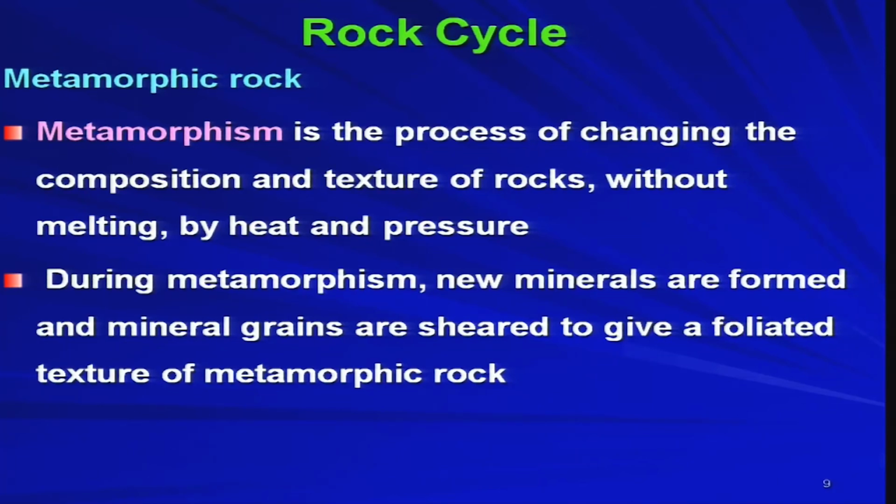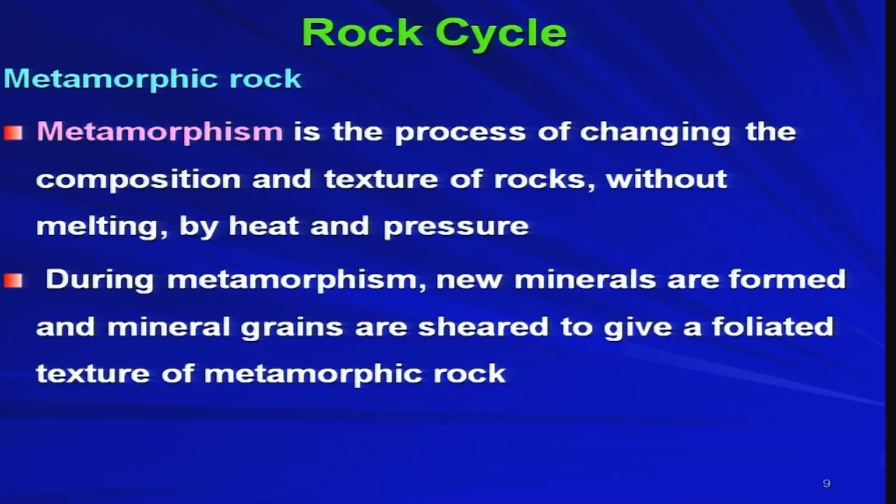So, basically whatever rocks you have seen so far, igneous rock as well as sedimentary rock, any kind of rock can be transformed to metamorphic rock by the process of metamorphism, where the texture of rocks will change under heat and pressure, but there will be no melting happening in the process. During metamorphism, new minerals are formed and mineral grains are sheared to give a foliated texture of metamorphic rock.